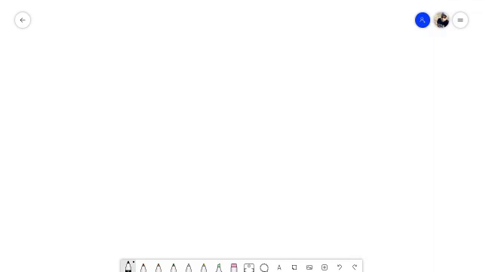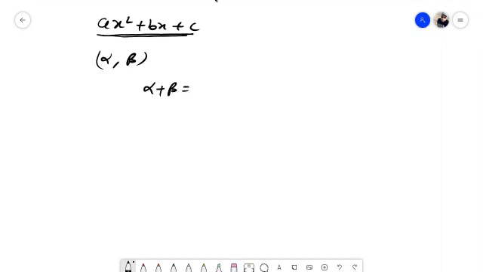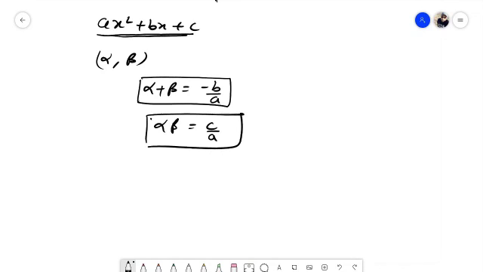Suppose you are provided with a polynomial, say ax square plus bx plus c, this is a quadratic polynomial, and if alpha and beta are the zeros of the polynomial, then alpha plus beta is minus b upon a, and alpha into beta is c upon a. Is it clear? So this is the relation between the zeros of a quadratic polynomial.